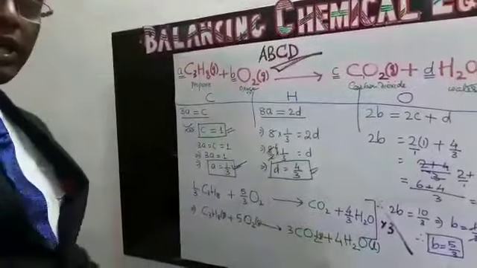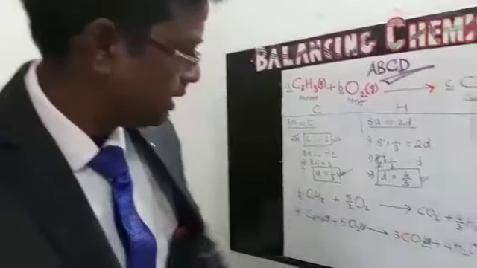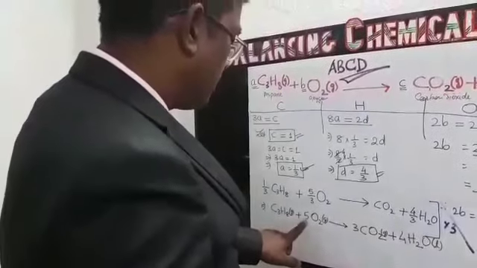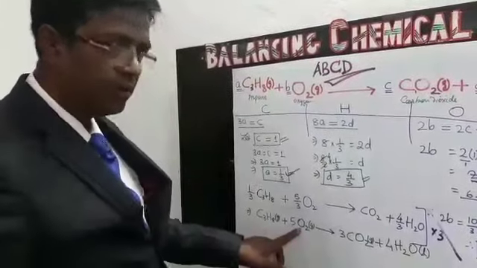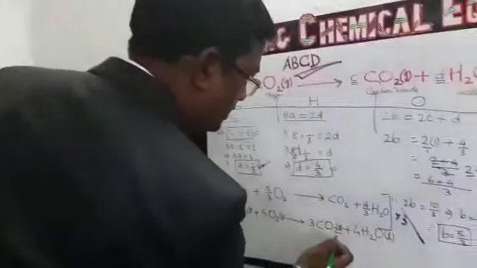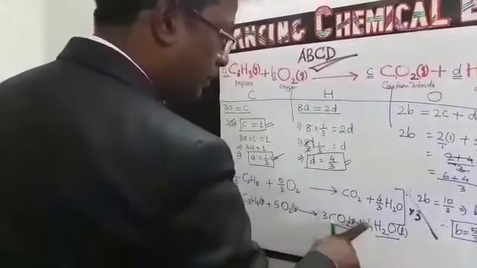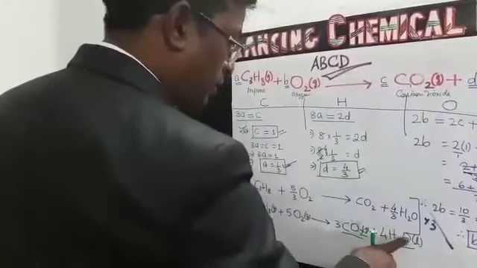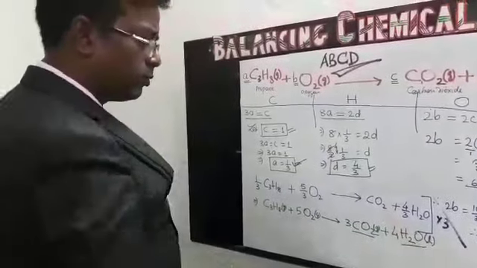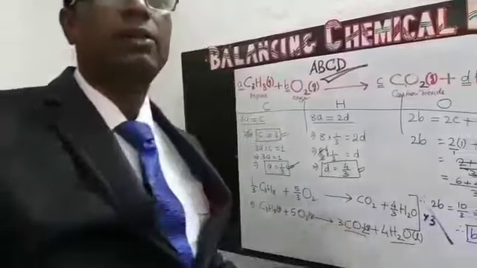So the number of hydrogen atoms on both the sides are equal. See H8, H8. Now oxygen, number of oxygen atoms here is 5 2s are 10 on the reactant side. Here oxygen is present in 2 places, in CO2 and in H2O. So 3 2s are 6 plus 4 1s are 4, 6 plus 4 is 10. So 10 and 10 oxygen.